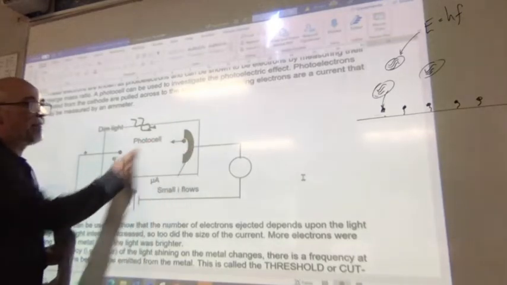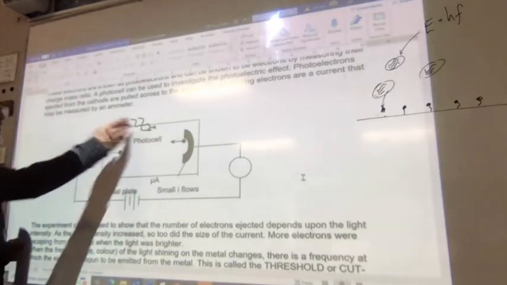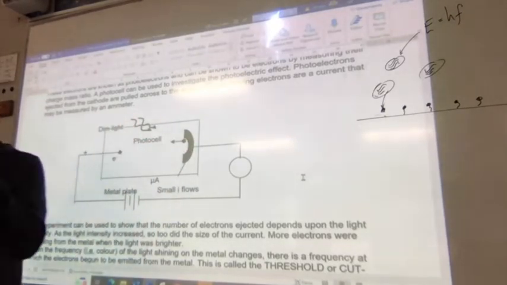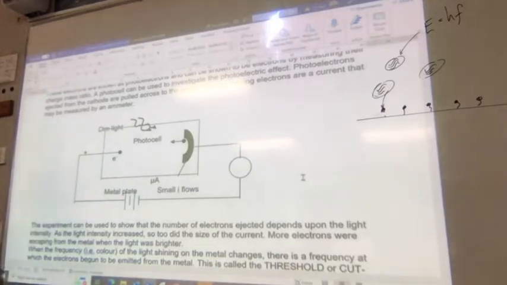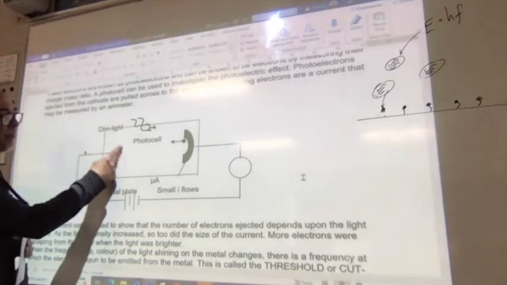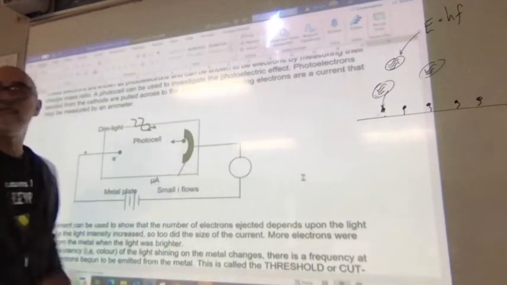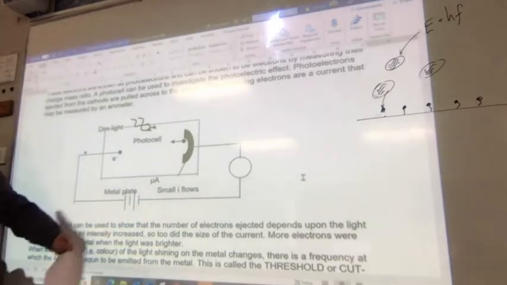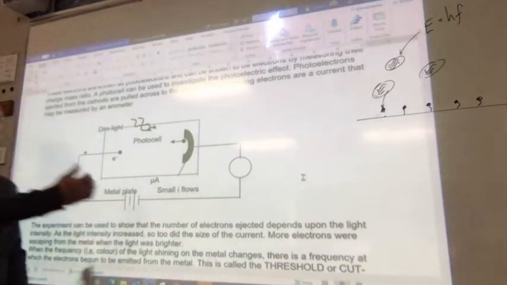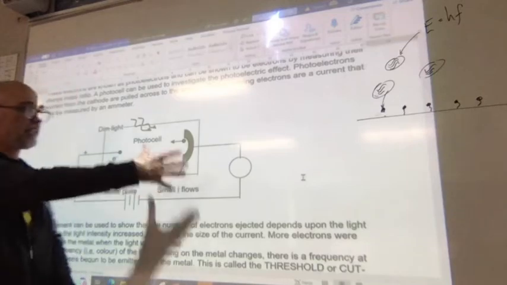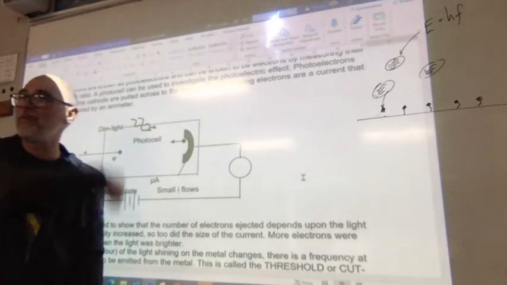If electrons come off, you can say, oh okay, there's enough energy in those photons to get electrons. How much energy are the electrons actually getting? Well, I'll start making this plate more and more negative until the current drops to 0. And then I know what the maximum kinetic energy of those electrons jumping across is. That's the same exact diagram as what I just showed you.